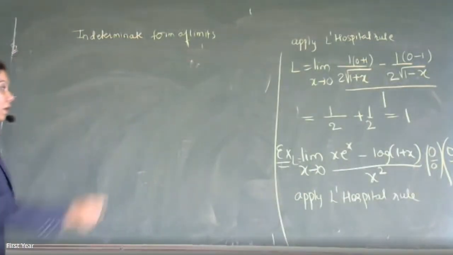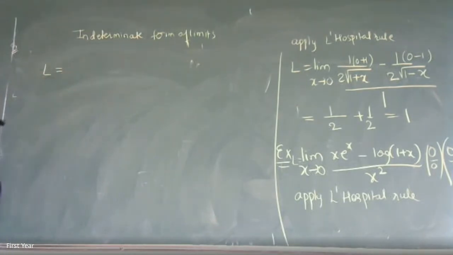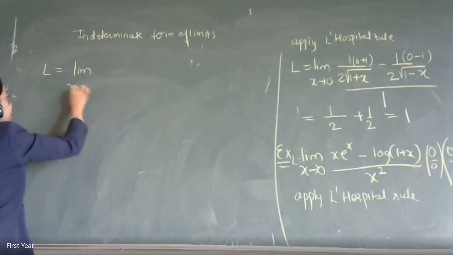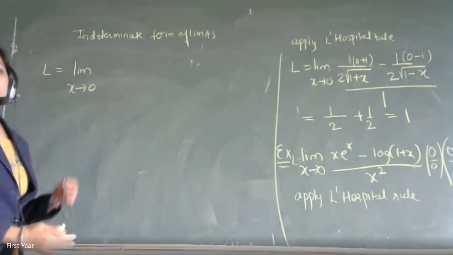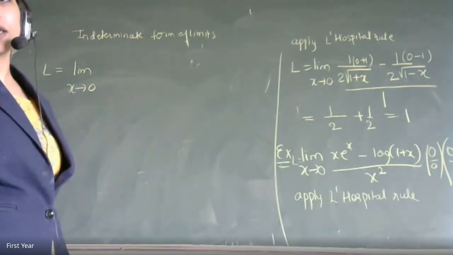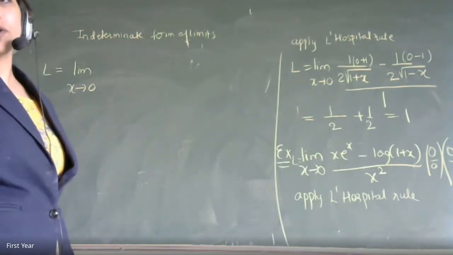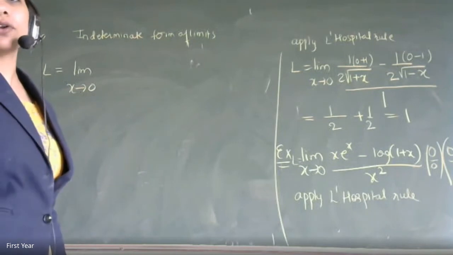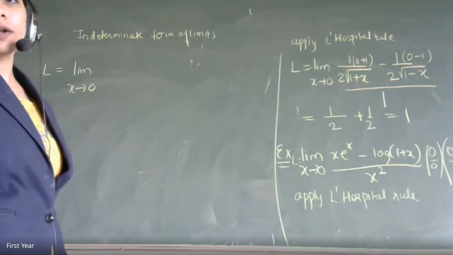So L is equal to limit as x tends to 0. Derivative of x e raised to x. Yes, who will tell me this answer now? x e raised to x. कितने functions है? 2 functions है ना? So which rule you are going to use? Product rule. Correct? Yes, ma'am.